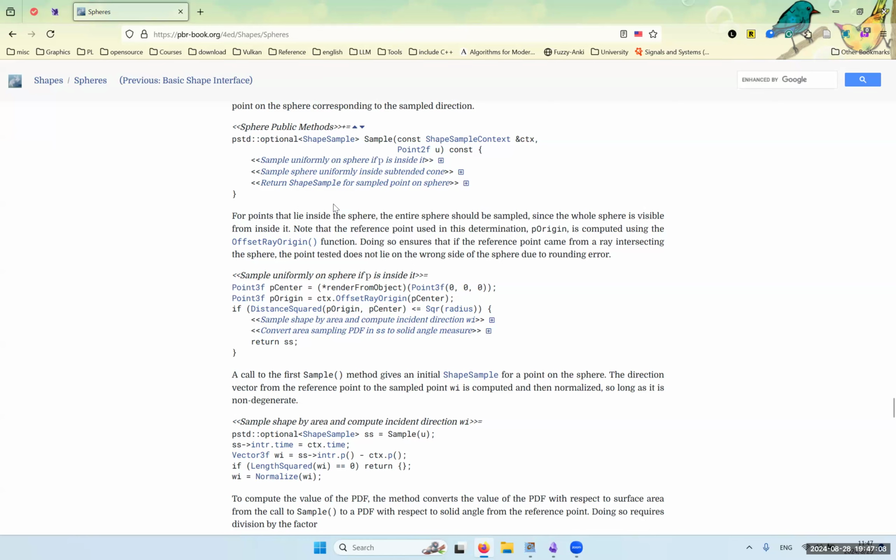If the point lies inside the sphere, the entire sphere should be sampled, so the whole sphere is visible. Yeah.